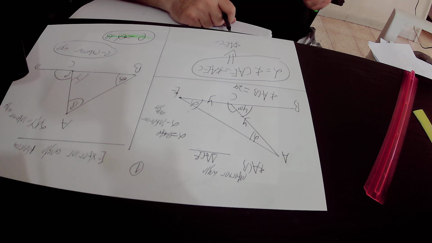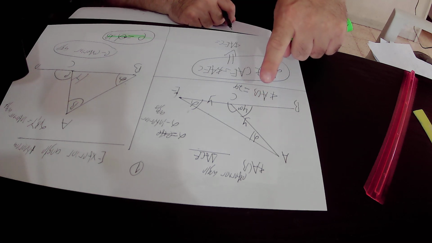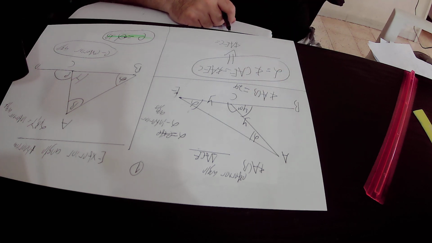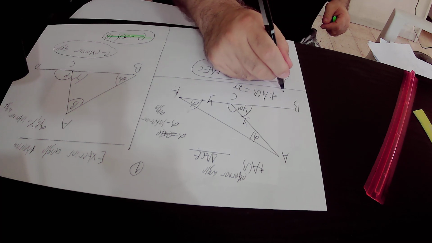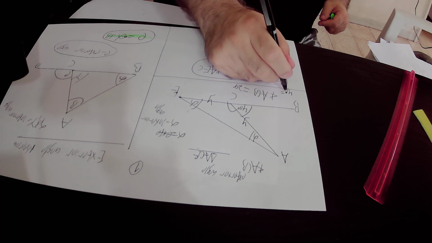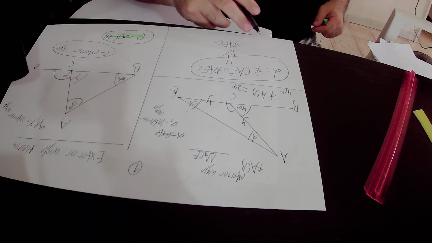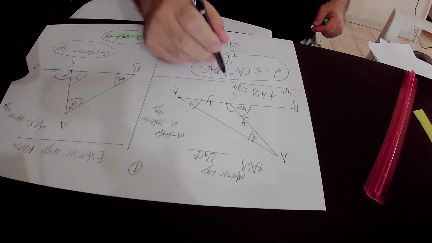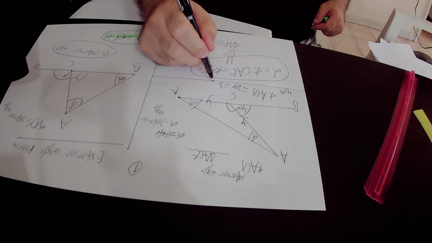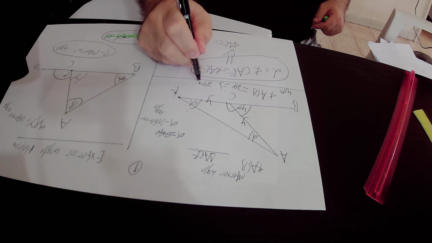But according to what is given in the question, angle ACB equals 40 degrees. So from this equation, 40 degrees equals 2 alpha, we derive that 2 alpha equals 40 degrees.